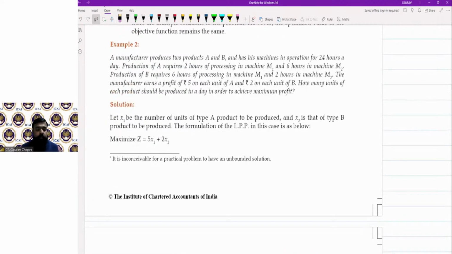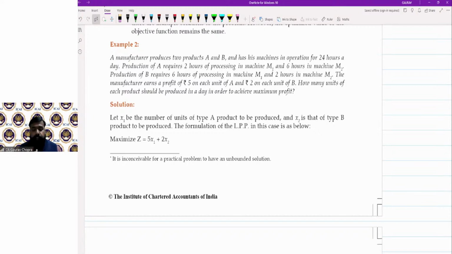It says a manufacturer produces two products A and B and has his machine in operation for 24 hours. Now for how many hours is his machine in operation? 24 hours a day; his machine works for the full 24 hours. Now production of A requires 2 hours of processing.